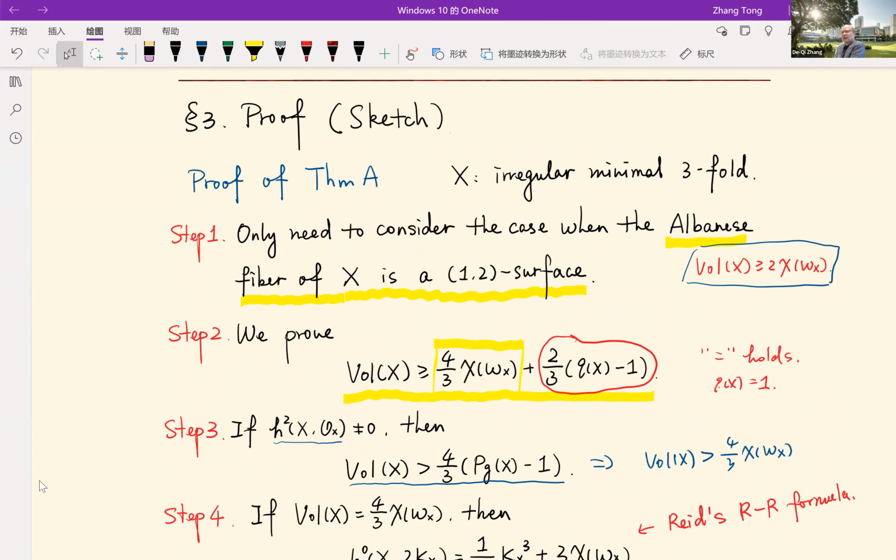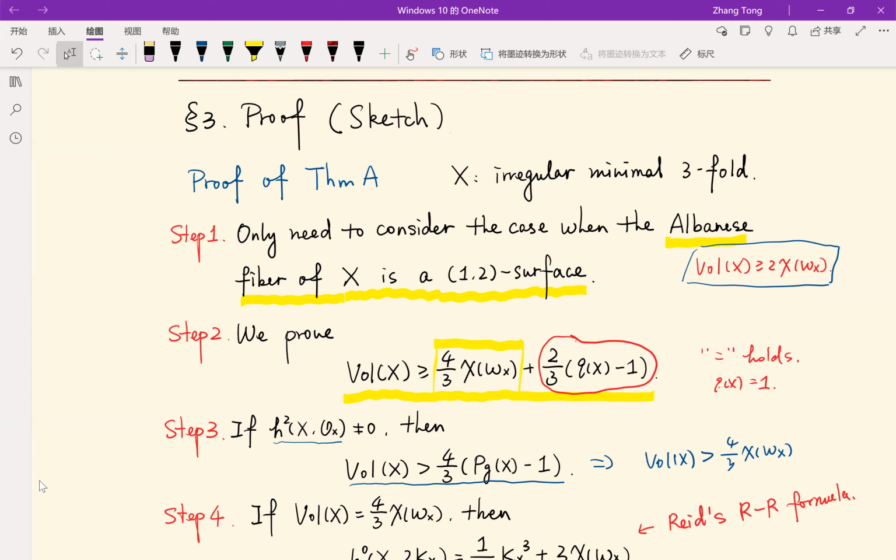Okay. So first, if X is irregular, is it clear that chi of omega is always non-negative? No. There are some results. For example, if you have an irregular threefold of general type, suppose its Albanese dimension is maximal, then that is always non-negative, but it's possible to have 0 Euler characteristic. But other than this case, I think there are some examples with negative Euler characteristic of the dualizing sheaf.